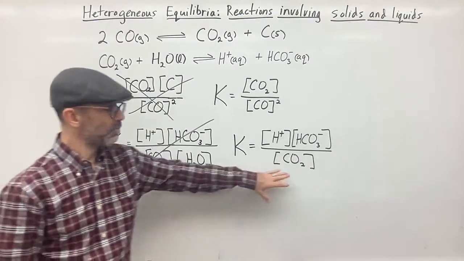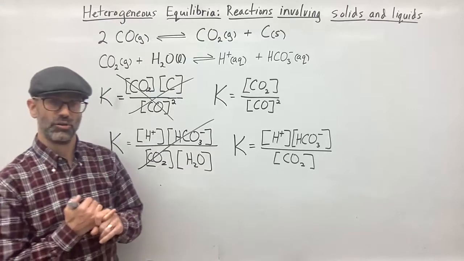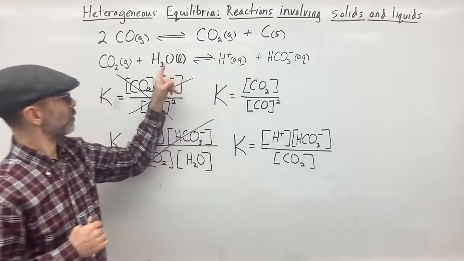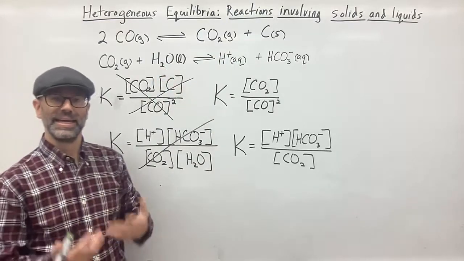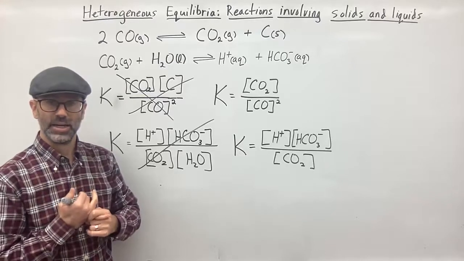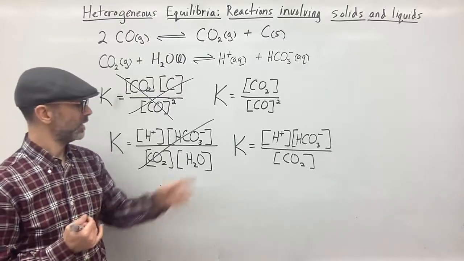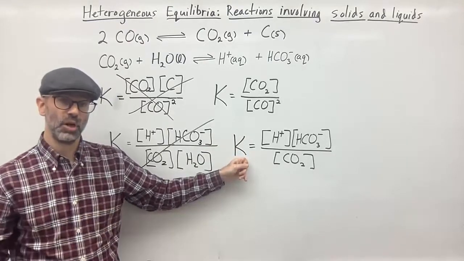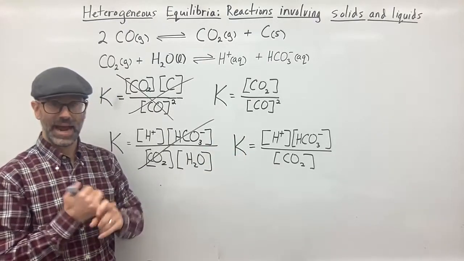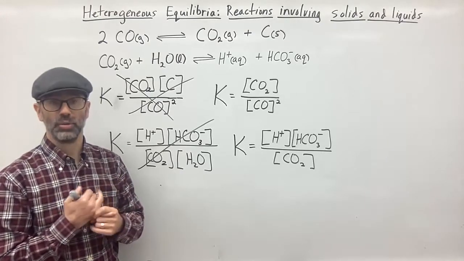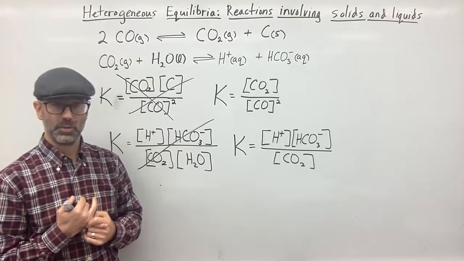So the upshot of this video is to show you that whenever you have a solid or a pure liquid in your equation, you are not going to include those in the expression of your equilibrium constant. So you leave those out. Anything that's a gas or anything that's aqueous, only those things will be included in your expression.